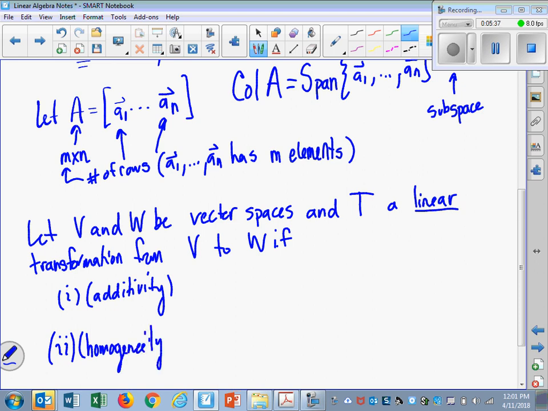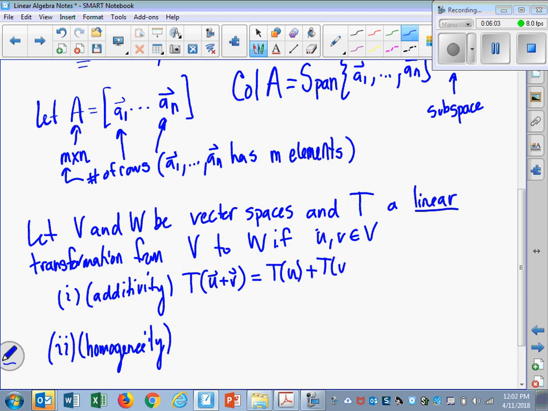Homogeneity. So what is additivity? Remember, that means if you take T of u plus v, where u and v come from the original vector space V, it is equal to T of u plus T of v.